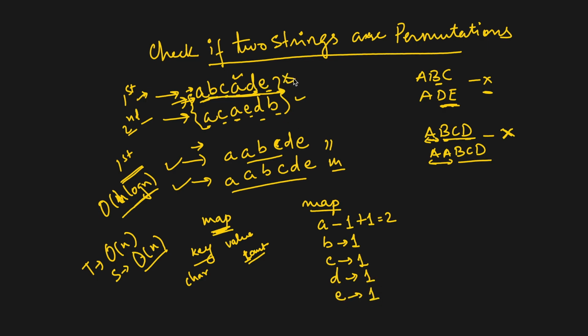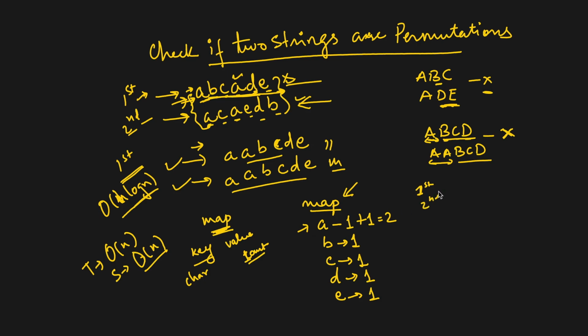Now we are done with this iteration. Now we'll iterate the second string, look up each character in the map and start reducing the count. First condition, the character must appear in the map.